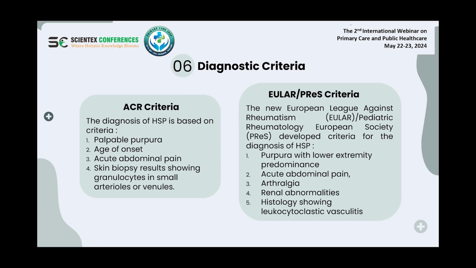Based on the data that we heard before, this patient already fulfills the criteria of HSP according to ACR or EULAR, such as age of onset, palpable purpura, acute abdominal pain, and arthralgia, along with the supportive laboratory findings of elevated leukocytes and platelets.